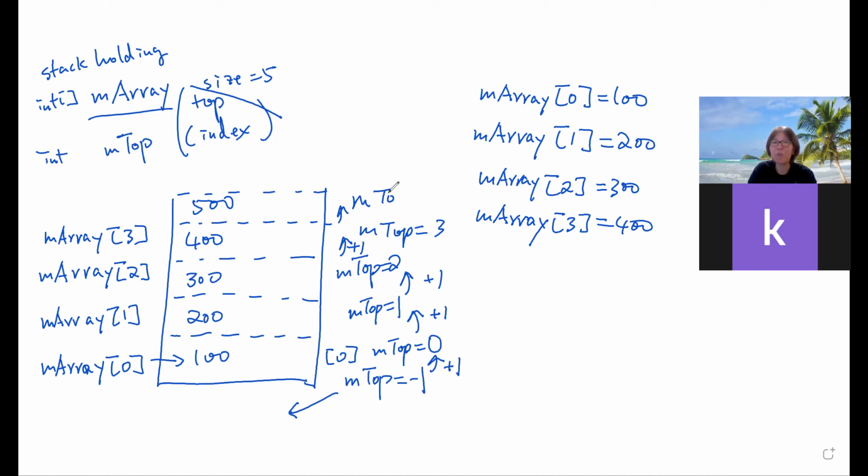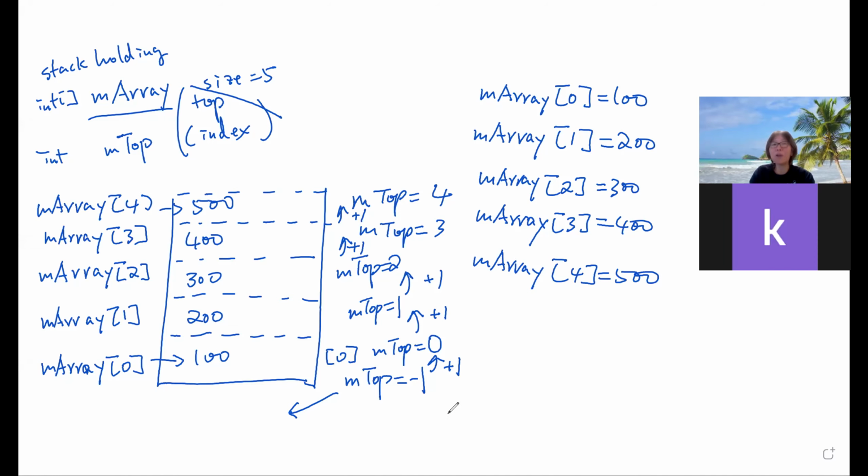So the top index is incremented to 4 by 1, and the respective item is used to store 500. So array sub 4 is 500. Because your array size is 5, the last index is 4.